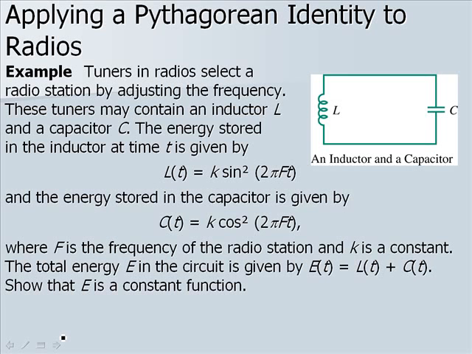And the energy stored in the capacitor is given by C of t equals k cosine squared of 2 pi ft, where f is the frequency of the radio station and k is a constant. The total energy E in the circuit is given by E equals L plus C. We want to show that E is a constant function.